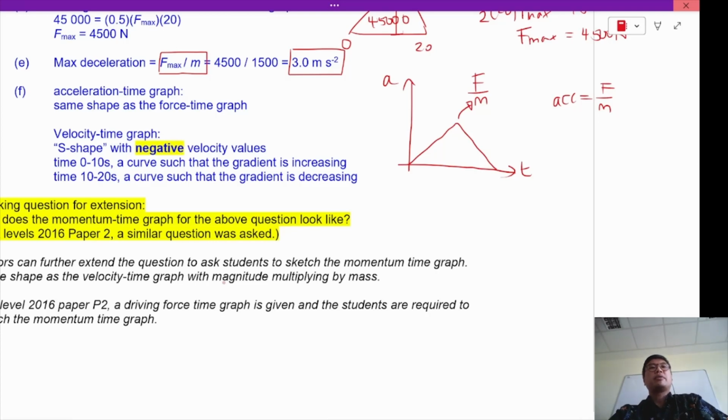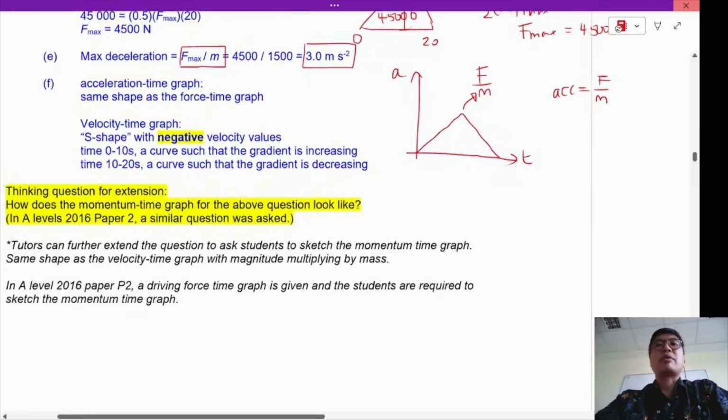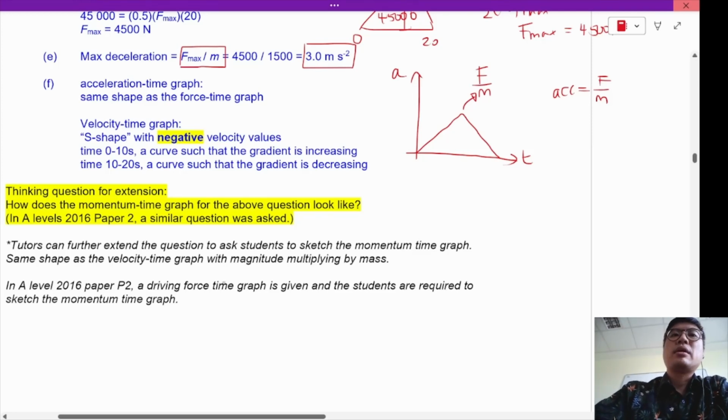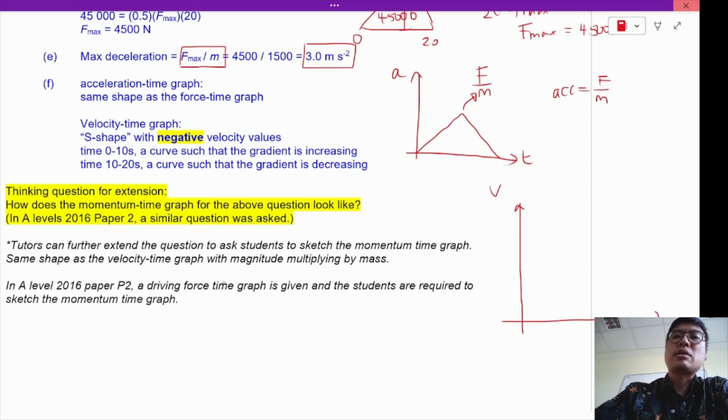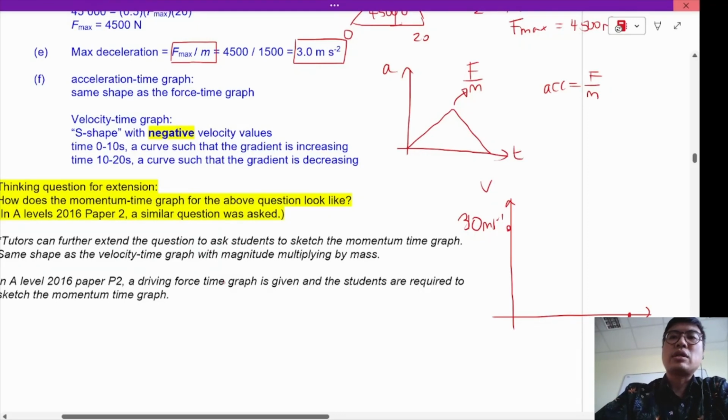Now, what about the velocity time graph? The velocity time graph is a little bit more difficult to draw. It will be drawn like this. Initially, the car is moving very fast. It's moving at 30 meters per second. And then we know that sometime in the future, it comes to a stop. So that's 0 meters per second.